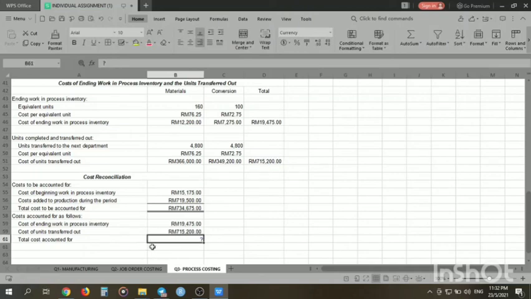And total cost accounted for is cost of ending work in process plus cost of units transferred out, and the amount of the total cost should tally. Thank you.